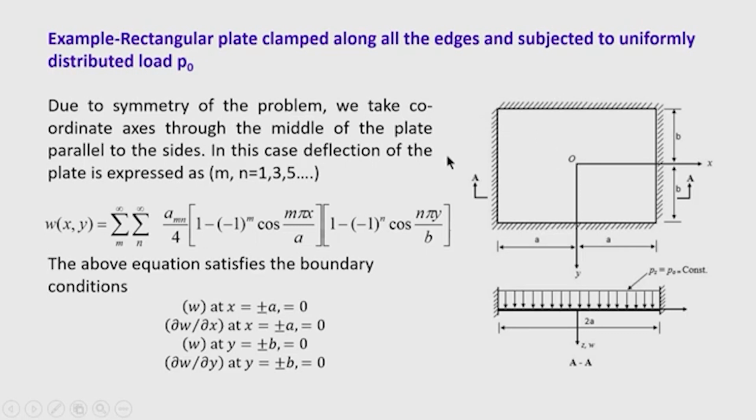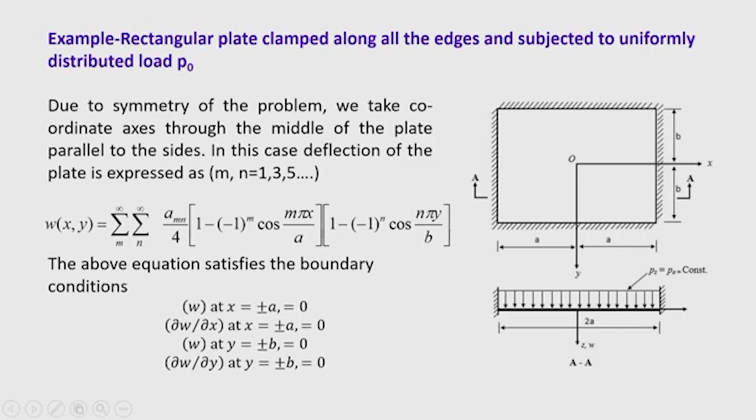Now, if I take a function w x y equal to a m n, where a m n is a constant, the 4 is taken just for convenience, because when this function is evaluated at the boundary the quantity becomes 4, and if we divide by this quantity it becomes only a m n. So, based on that argument it is taken, but there is no necessity.